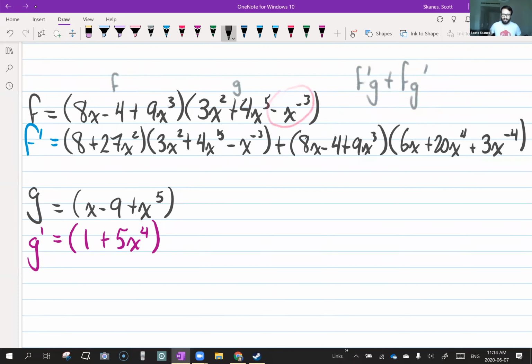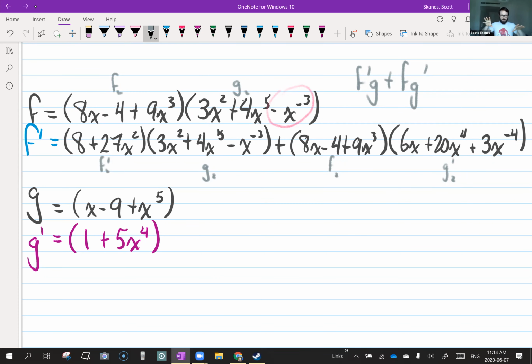You see what I mean when I said this is going to get big? This is just one small section of the overall question. This is f prime. And those are our new f's and g's. So you could almost say like f2, g2, but you don't need to worry about that. I'm just trying to split it all up.